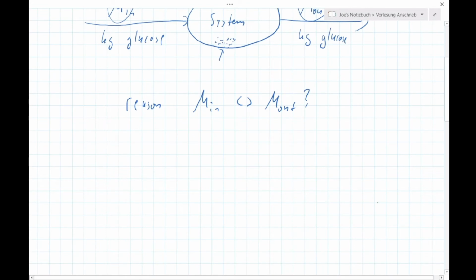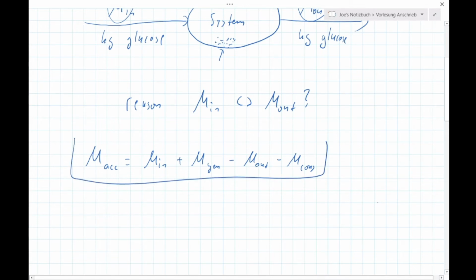So M accumulated is equal to the mass which goes in plus the mass which is generated minus the mass which goes out minus the mass which is being consumed. Okay, so this is the general mass balance.